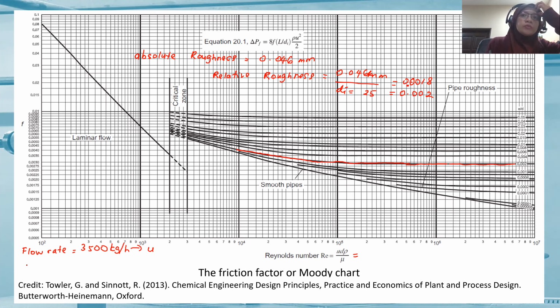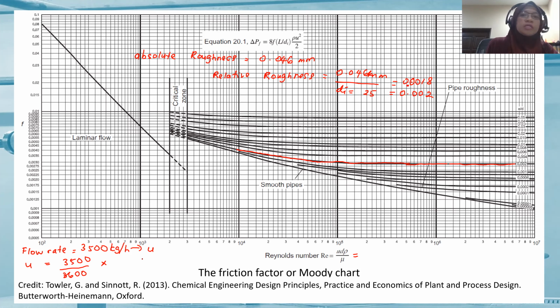So our U will be 3,500 divided by 3,600, this is to change into unit second. Then I divide by the cross-sectional area, which I get as 0.491 times 10 to the power of minus 3.